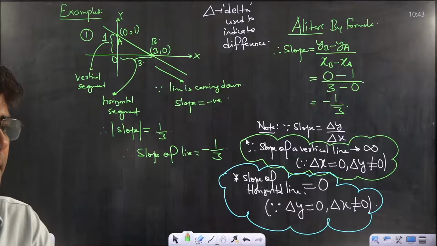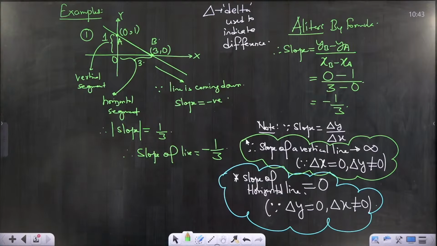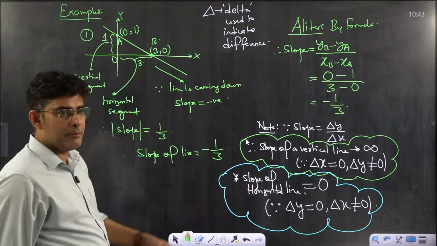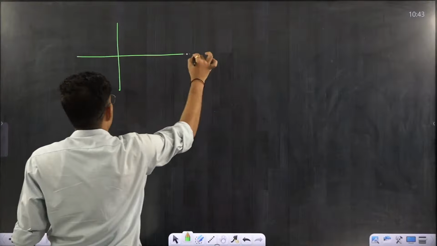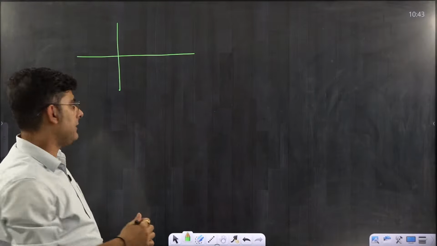Okay, so I will quickly take one or two more examples so that you understand that sometimes angle will be given, sometimes points will be given. In any way you can find it. For example, suppose this is the y axis, this is the x axis.